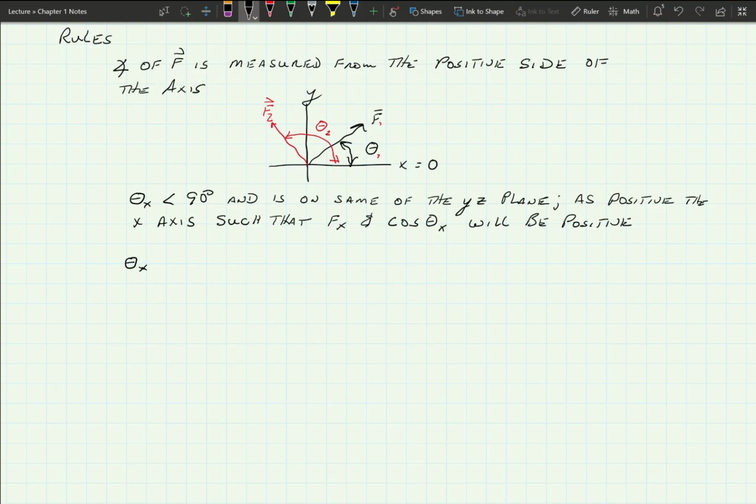So basically, remember, I'm looking at z out here. So if it's on the right hand side of this out here, anywhere in there, that'll be positive. Okay.